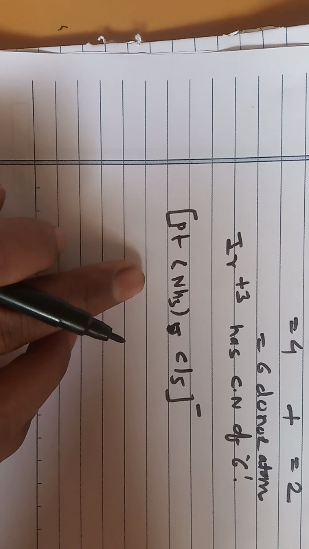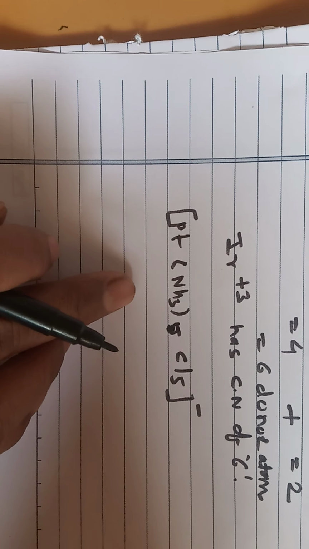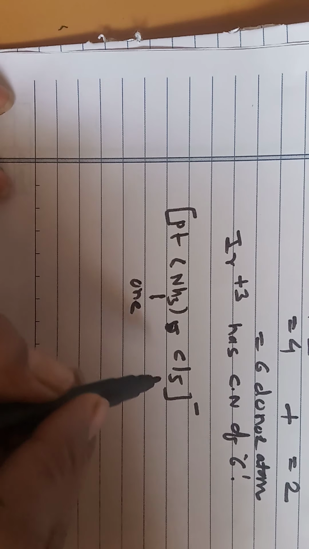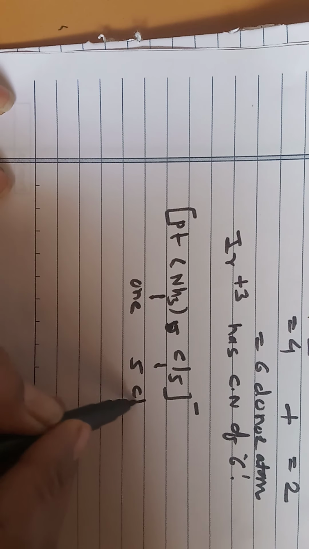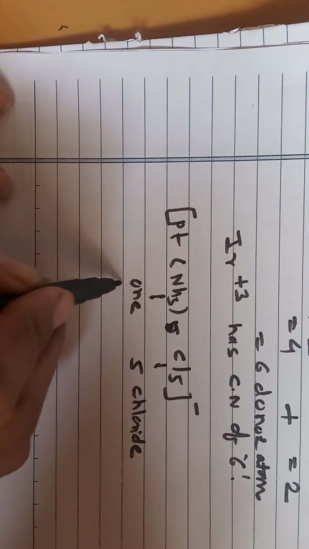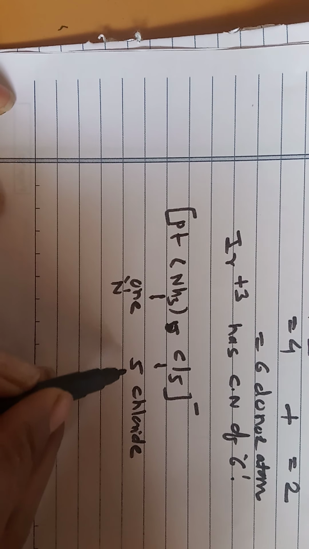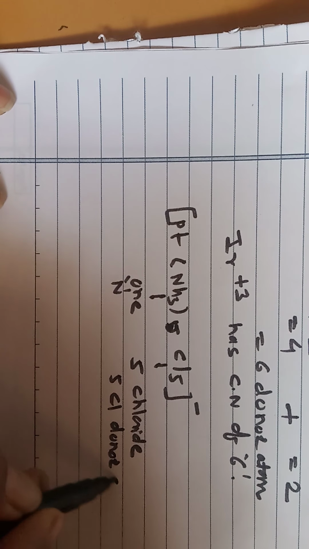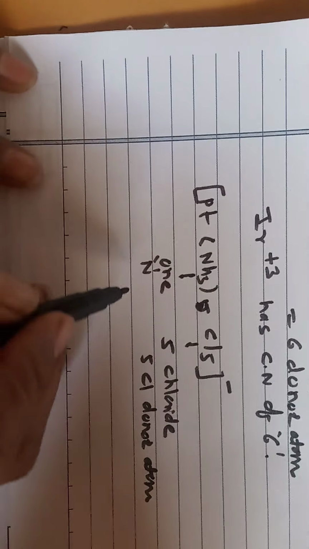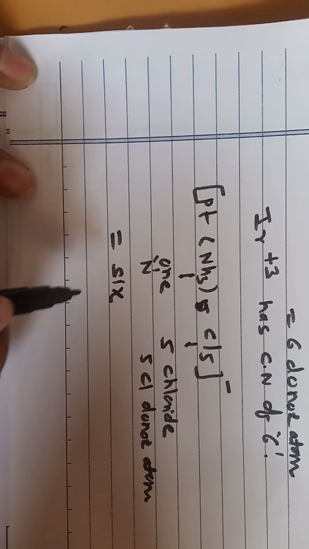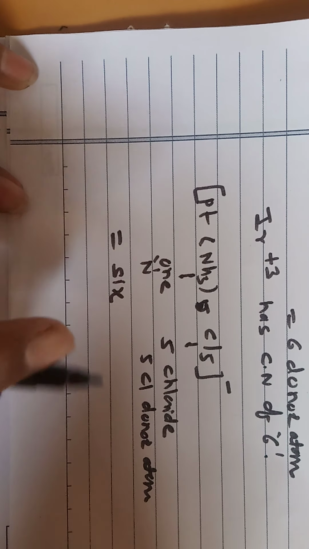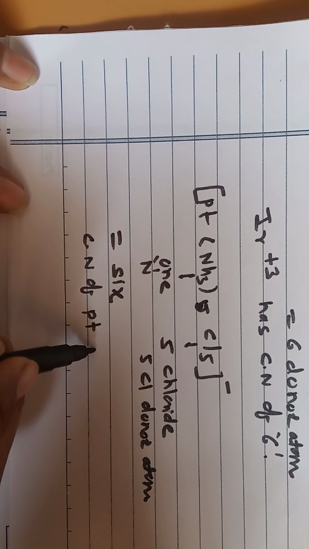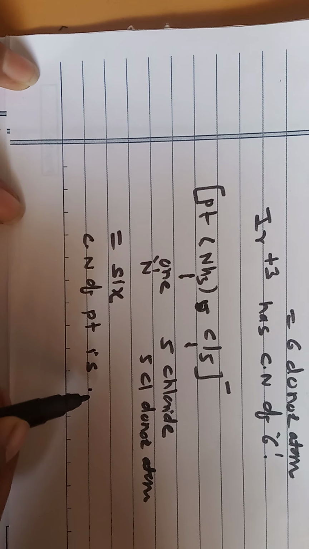Platinum is bonded with 1 ammonia and 5 chlorine. 1 ammonia has 1 nitrogen atom as a donor and 5 chloride have 5 chlorine donor atoms. So again the total number of donor atoms is 6. So again the coordination number of platinum in this example is 6.